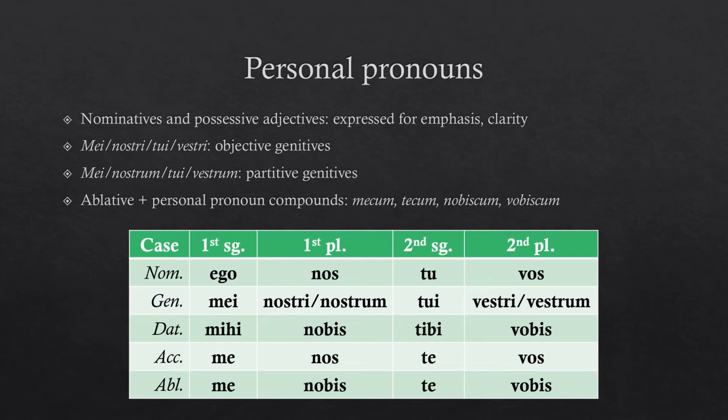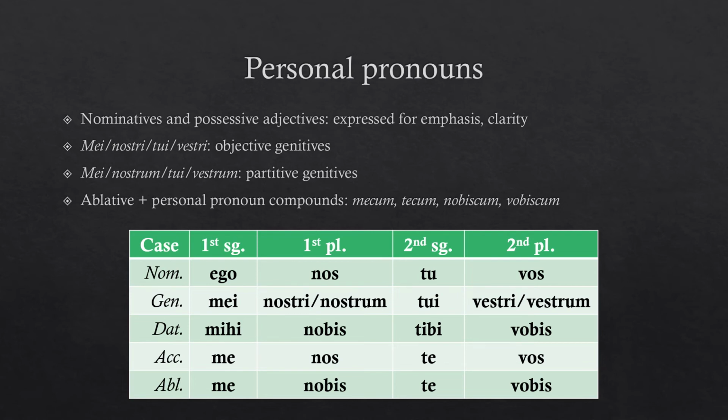Speaking of possessive adjectives, remember that Latin uses these instead of genitives to express the words my, our, and your. The genitives of the personal pronouns ego, nos, tu, and vos, then, are reserved for special uses of the genitive we learned in this video, partitive and objective genitives.